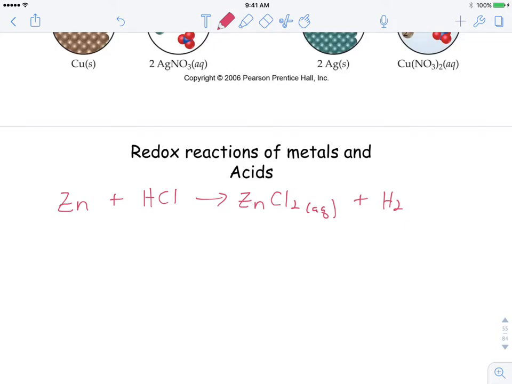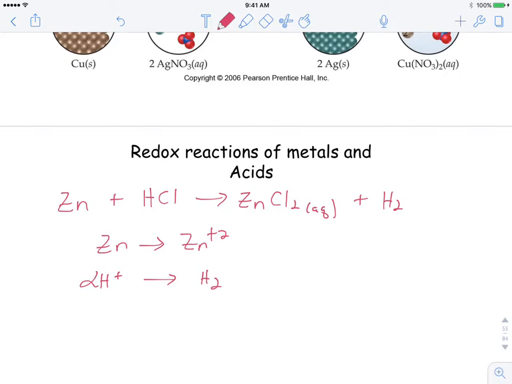And so, here's my zinc. My zinc is oxidizing. It's becoming Zn2+. My hydrogen is being reduced to H2. This one's a little bit interesting to balance because I need to balance the hydrogens first before I start doing electrons. I have 2 hydrogens.